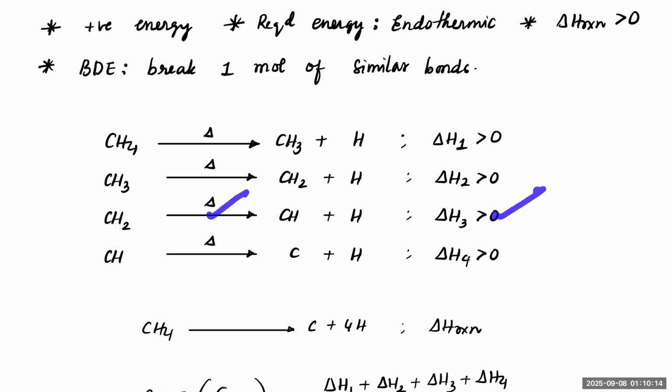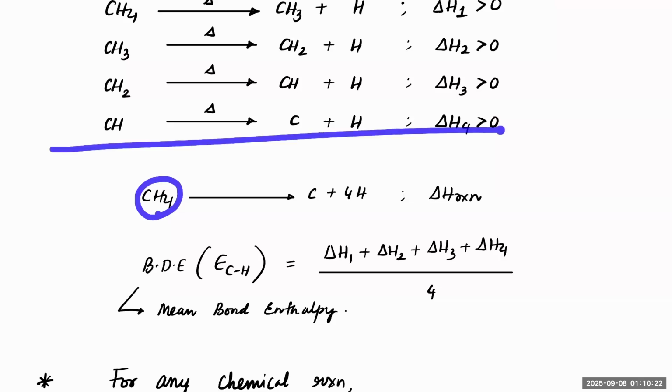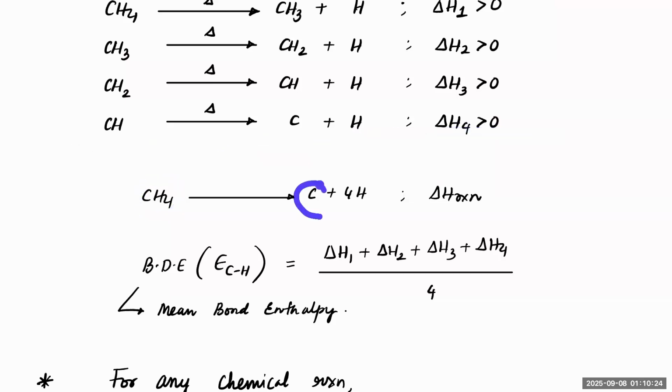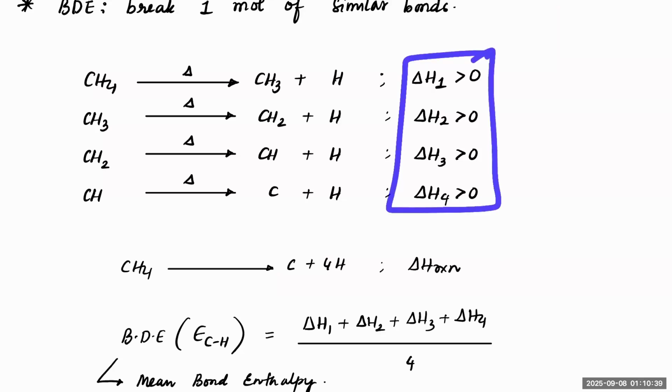Third case this much, fourth case this much. So if I write the overall reaction here, the sum of these four will become CH4 equals C plus 4H. See, when you sum all the chemical equations, their energy will always get added up. So the addition of all these four is delta H of reaction.